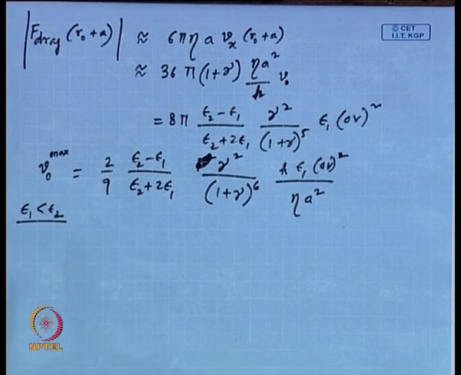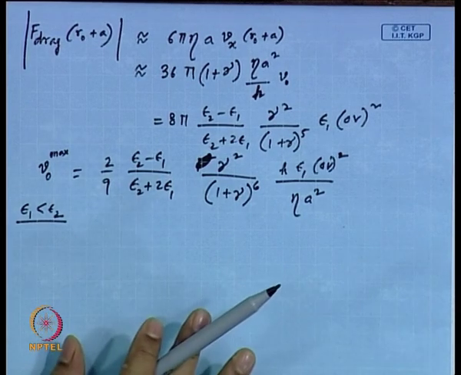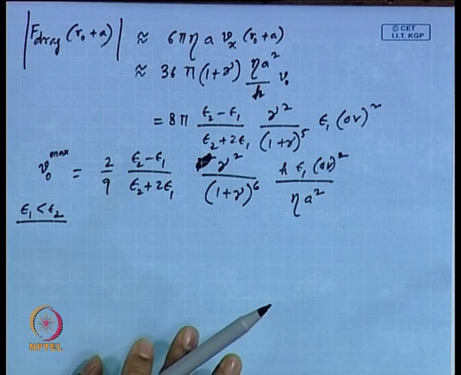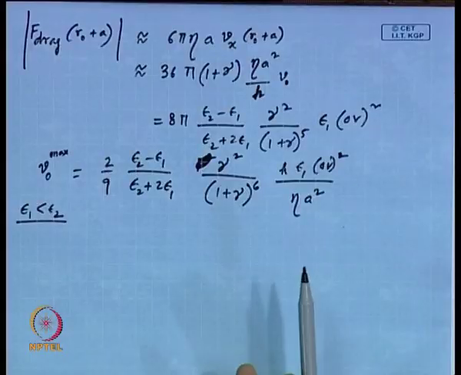Now, I said at the very outset that this entire analysis is based on DC field. Now, ideally it is used as an AC field, and in fact, if you look at some literature on dielectrophoresis, they start with this AC field itself.